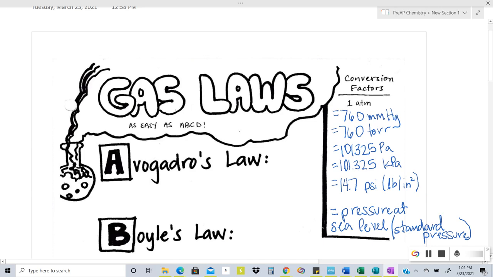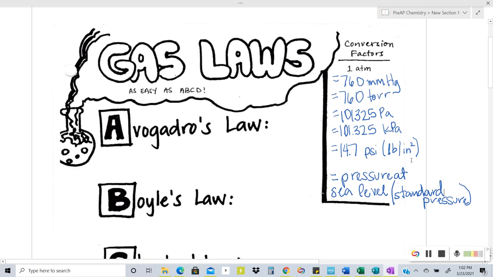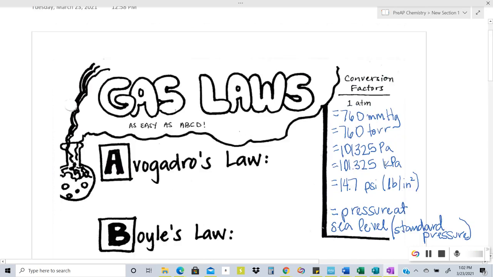Okay. Next thing, we're going to go through these laws. I'm going to talk about them, and then we're going to work a few problems that go with them. So Avogadro's law is first. Remember, Avogadro deals with moles. And before I do any of that, just remember that N is moles, P is pressure.